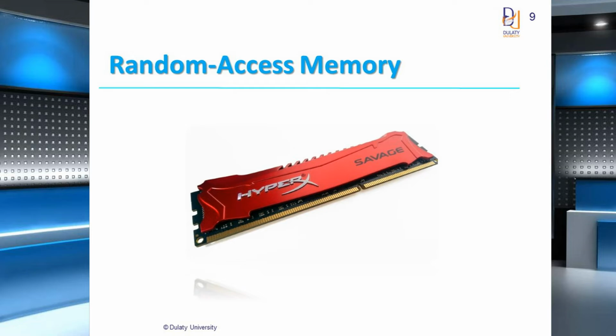In order for a computer to work effectively, some minimal amount of random access memory must be installed. In most cases, adding more RAM will allow the computer to run faster. When the computer is turned off, any data stored in random access memory is lost.